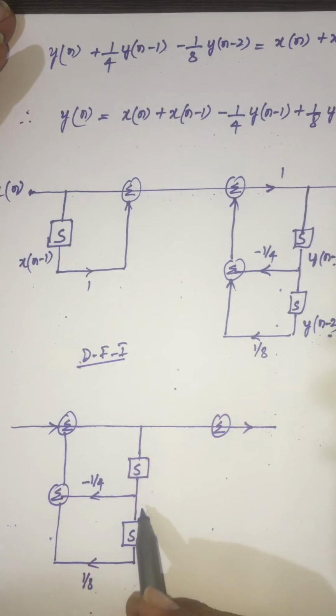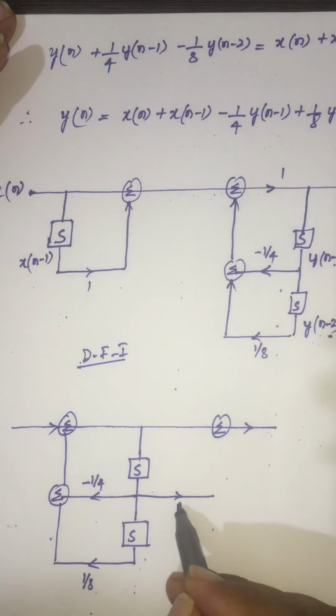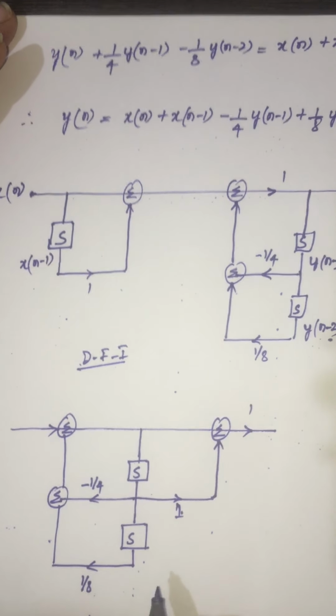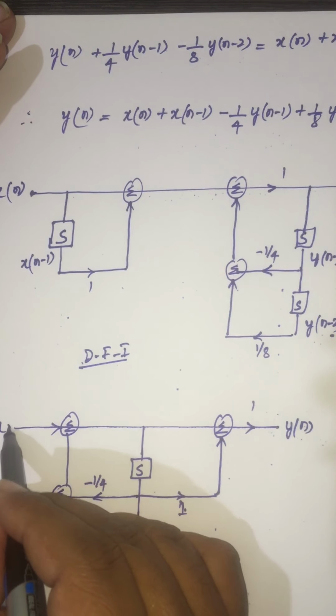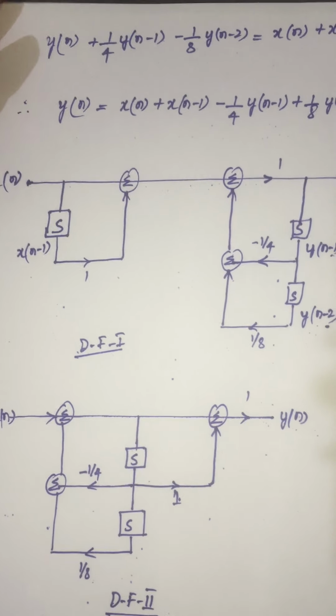Now the input is taken from this side with the coefficient of 1 unit and given to the mainstream, and the coefficient here is 1, which is y of n, and this is x of n. This is the direct form 2 representation. Very simple representation. This carries marks, minimum 6 marks.